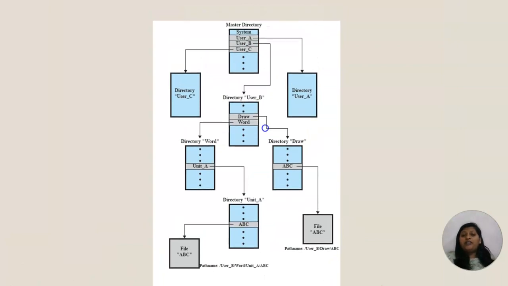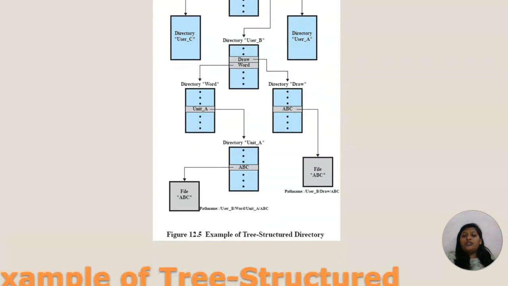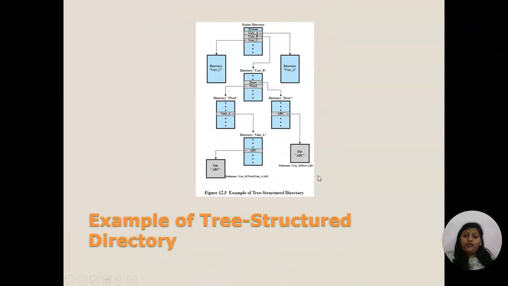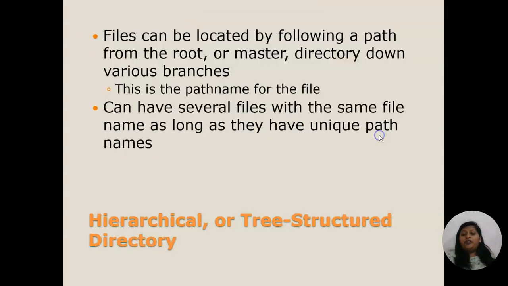There is a master directory, that is a system, user A, B, C. Then various directories are there, subdirectories we can say, user C, user A, and at last there will be the files which will act as entries. This is the example of a structured directory.